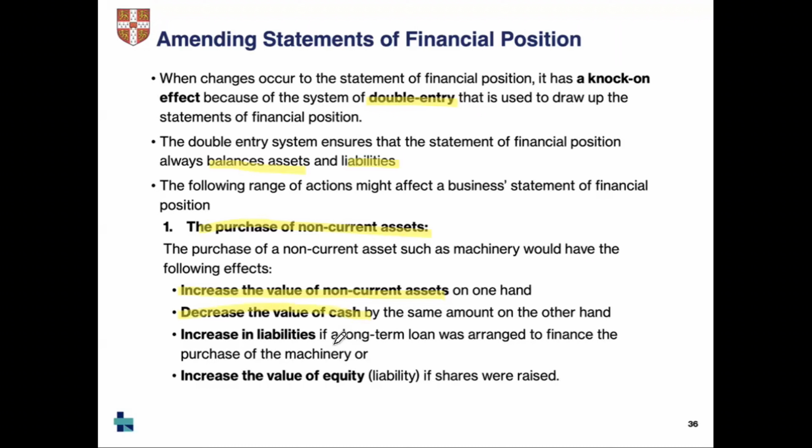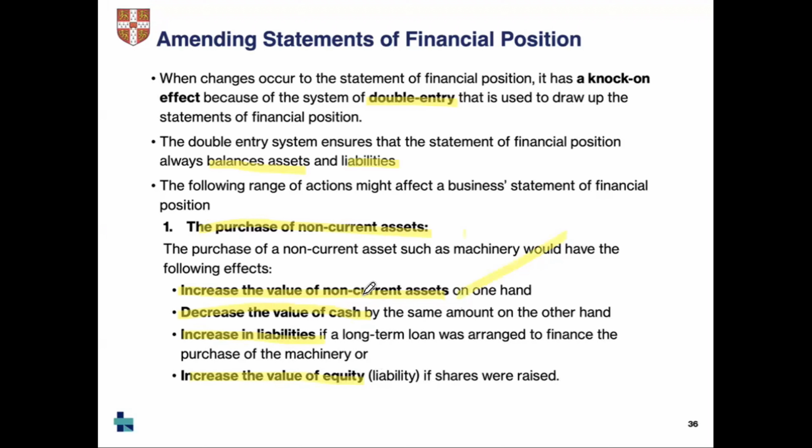However, if we take a loan to buy the car, if we don't buy the car with cash, it means that it will increase our liabilities if we use a long-term loan to arrange the finance of that machine or that car. If we didn't take a loan, we are not using cash, and we are taking money from our owners, it will increase the value of our equity. So the purchase of a non-current asset will have this effect, or any one of these effects.